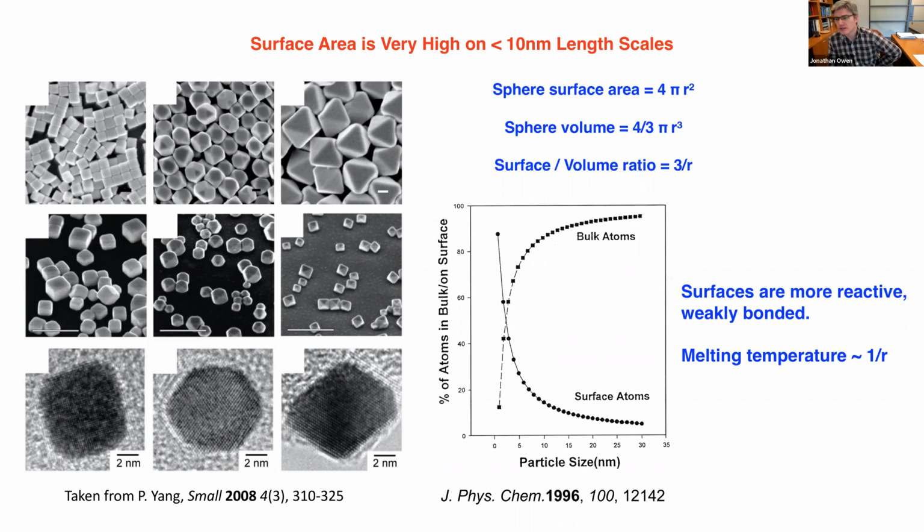And that leads to melting temperature changes of 1 over r. So, a big crystal melts at a higher temperature than a little crystal does. A small droplet of water evaporates more readily than a large droplet does. And it's because of that increase in the amount of surface compared to the bulk.